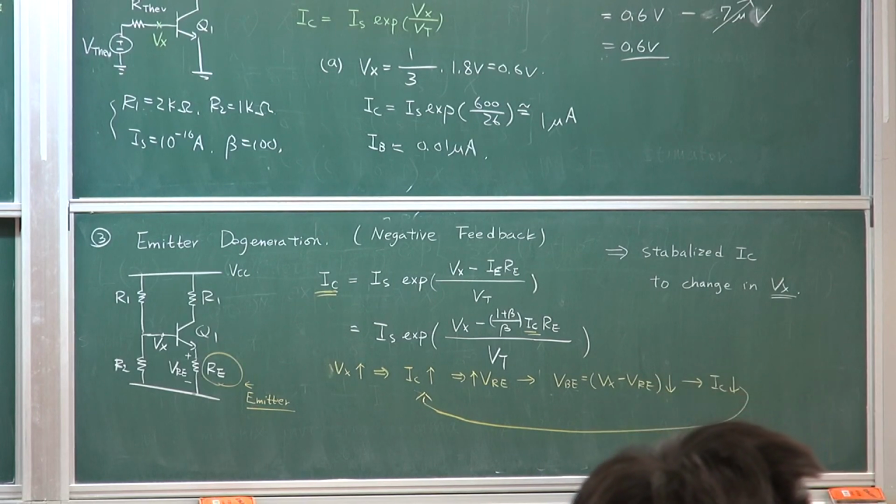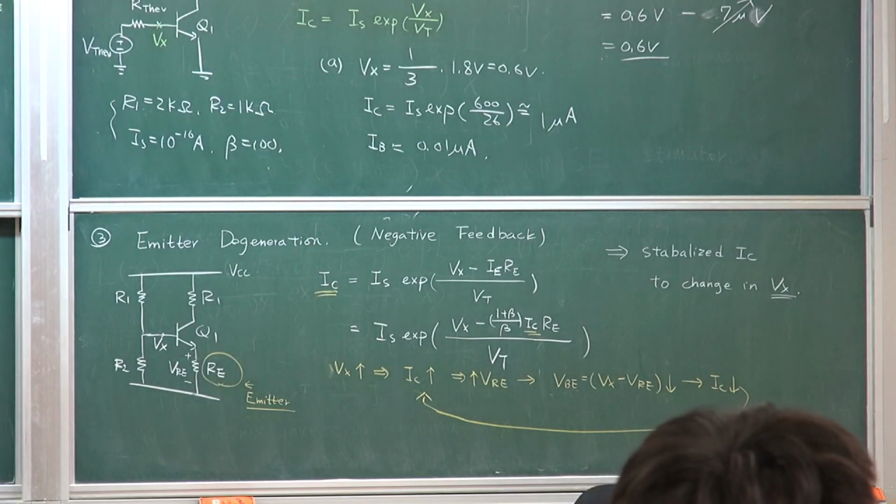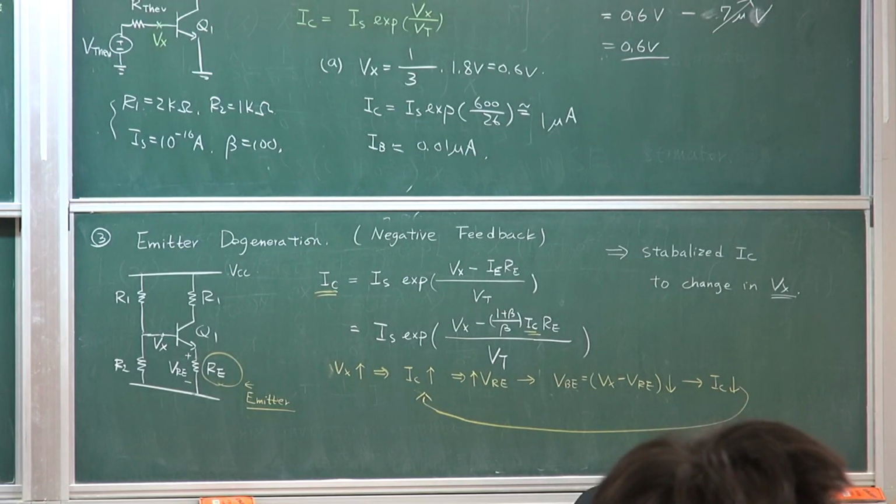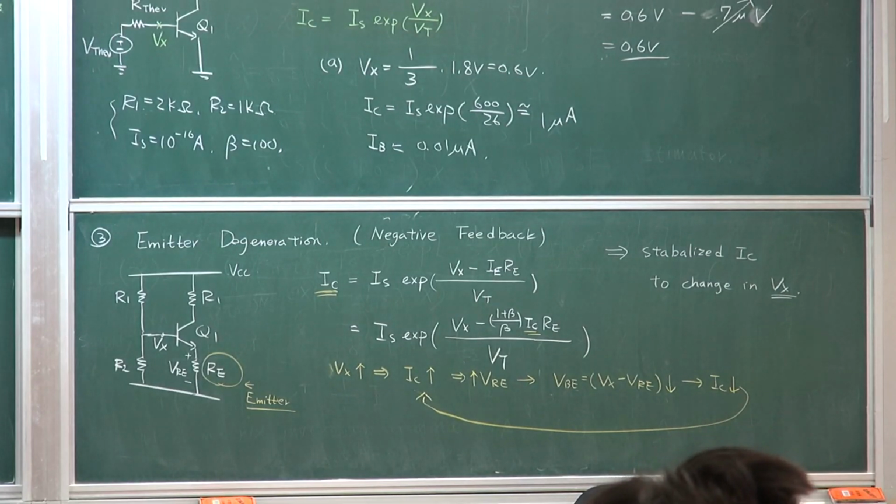So I'm going to go through a last one. We're going to talk about the fourth type of biasing circuit that's being introduced. Example.